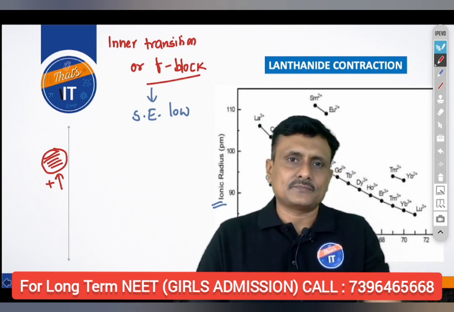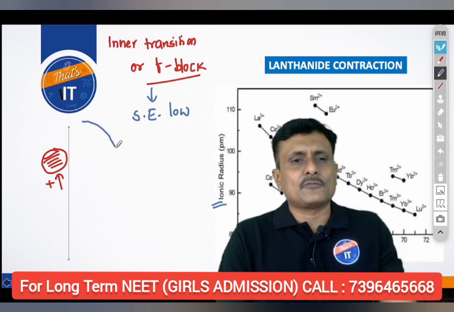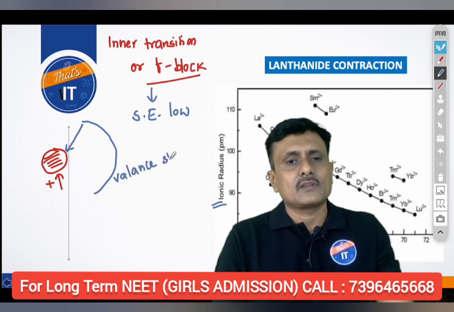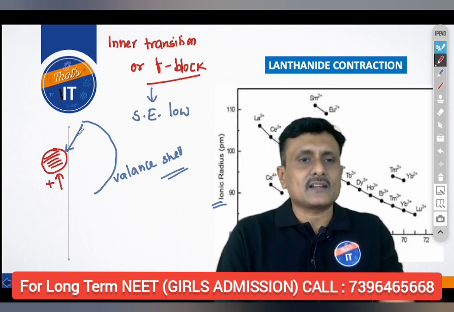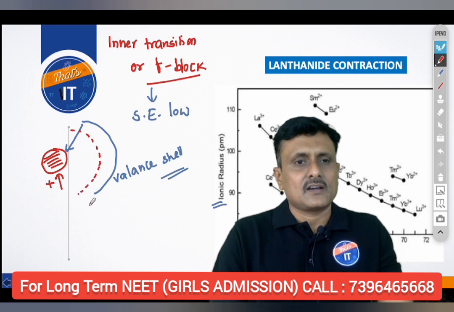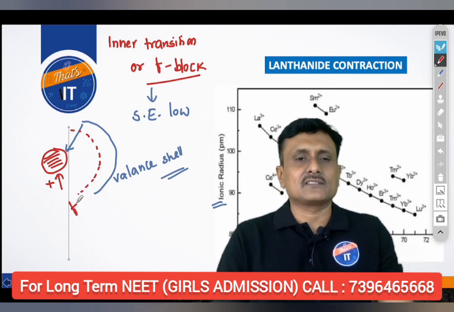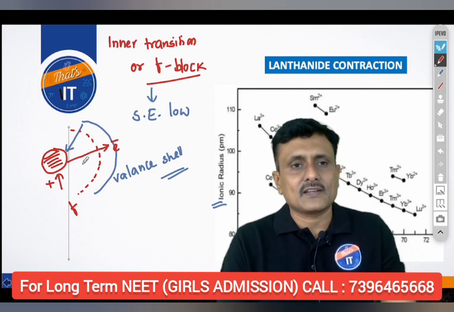Positive increases. Alright. And there are more attractive forces from the nucleus on the valence shell, for the reason that the D and F electrons that are present are not able to protect these valence shell electrons properly from the nuclear force of attraction.